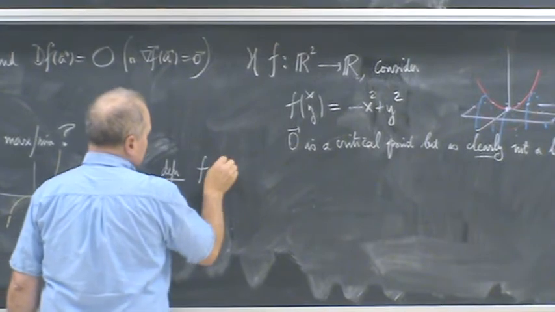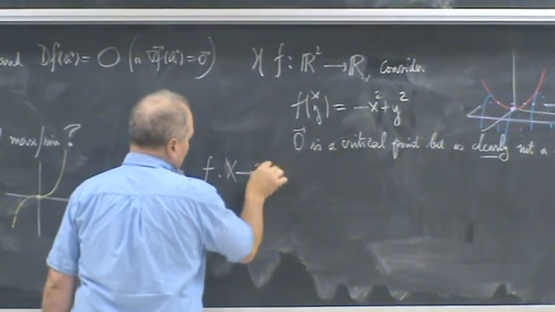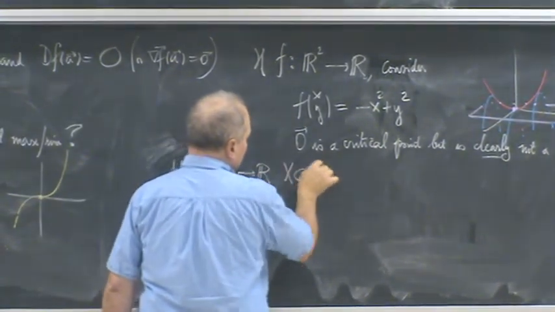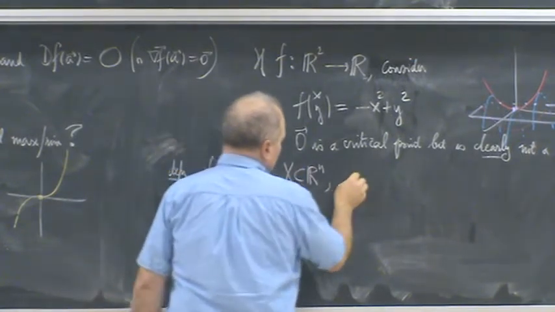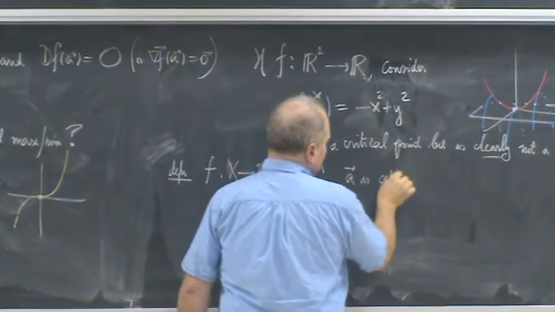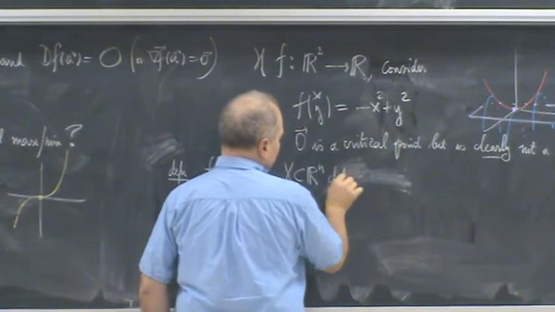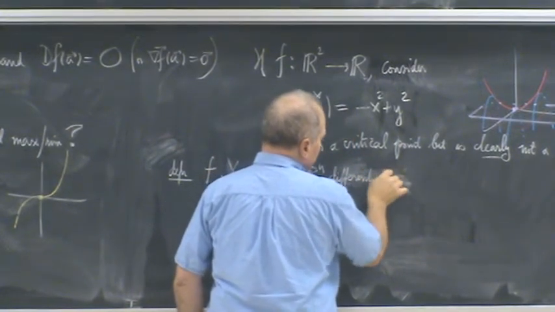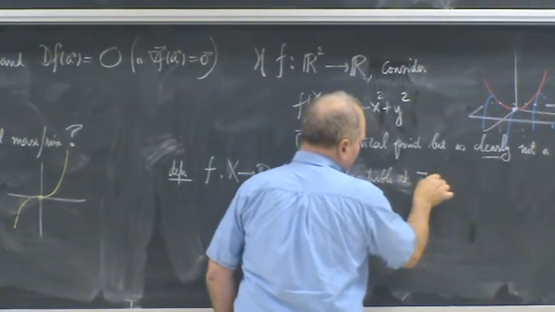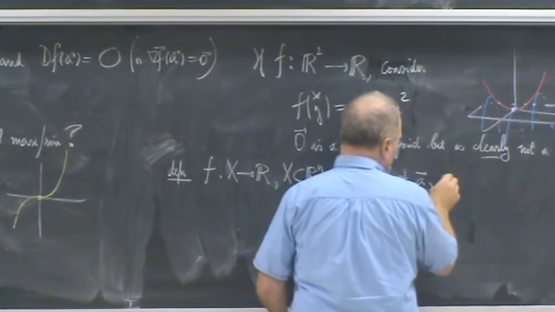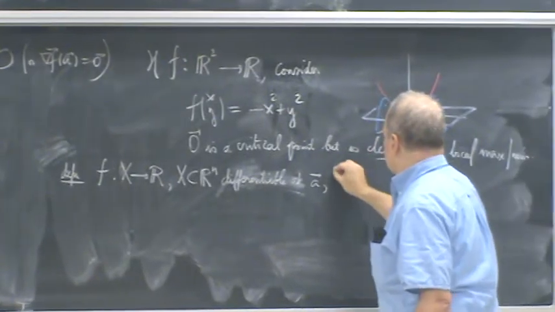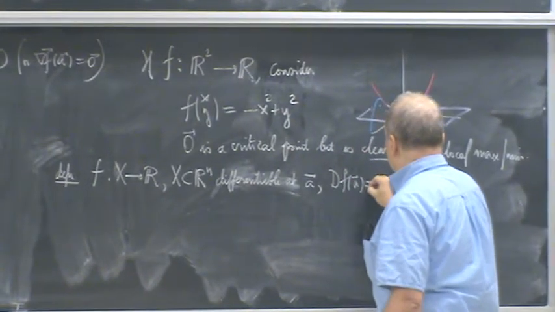If f maps X to R, X in Rn, and f is differentiable at A and the derivative is 0, then it's a critical point.